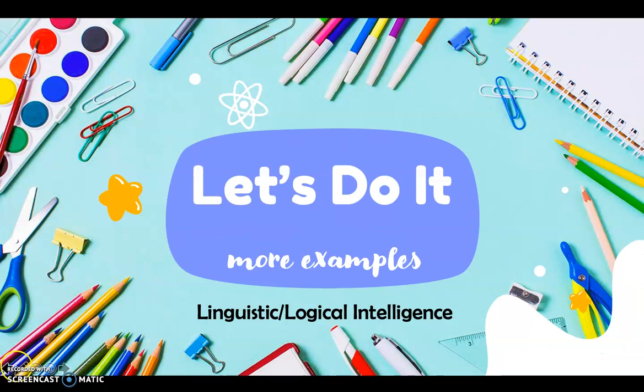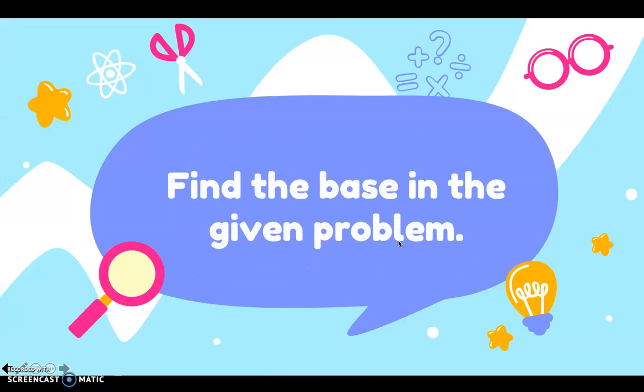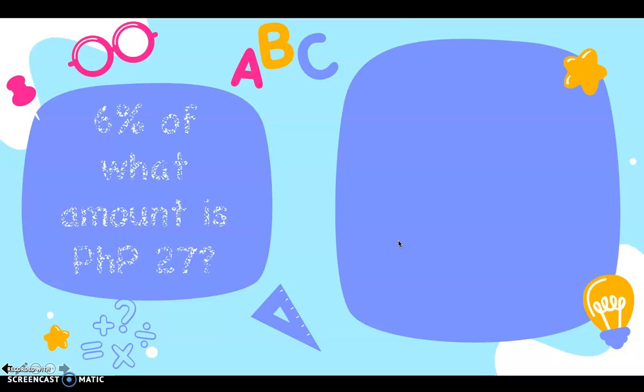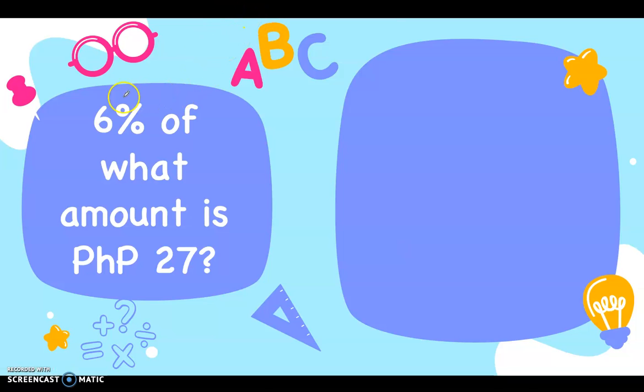More examples. Find the base in the given problem. We have 6% of what amount is 27 pesos. As you can see here, our rate is 6% and our percentage is 27, because this is 6% of that number, and we don't know that number yet, so our missing is the base.